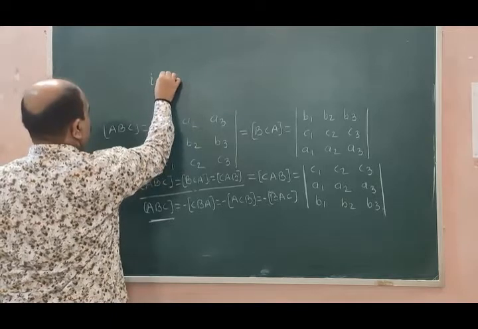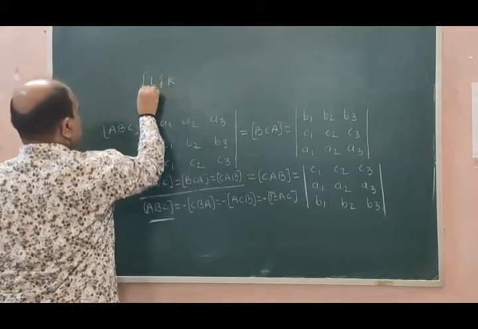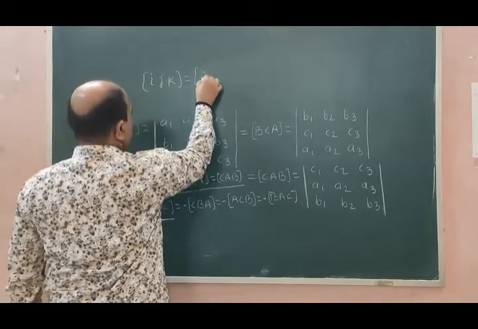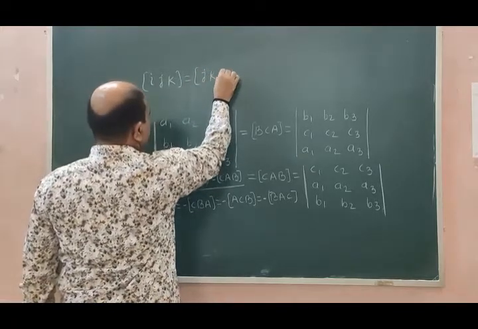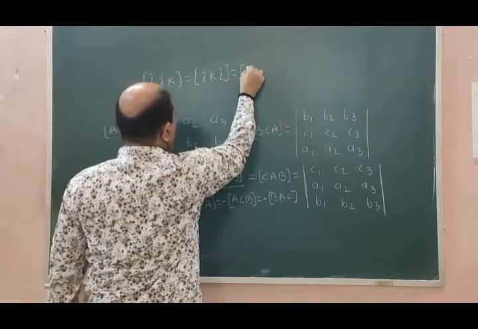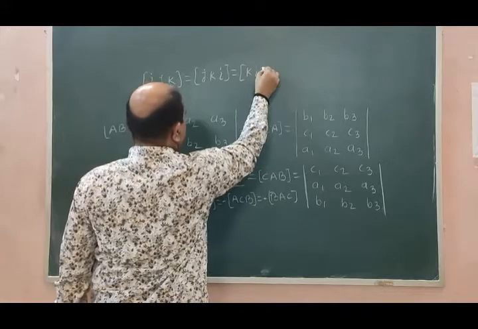Box product of ijk is equal to box product of jki is equal to box product of kij.